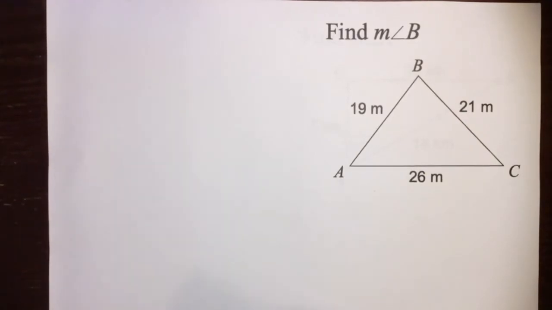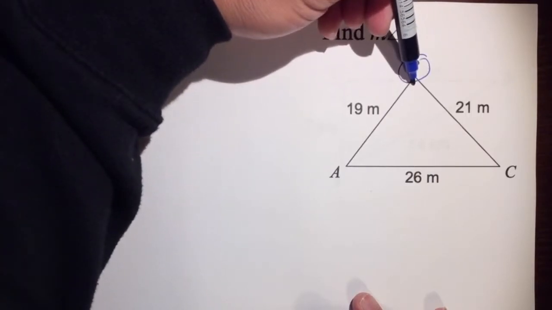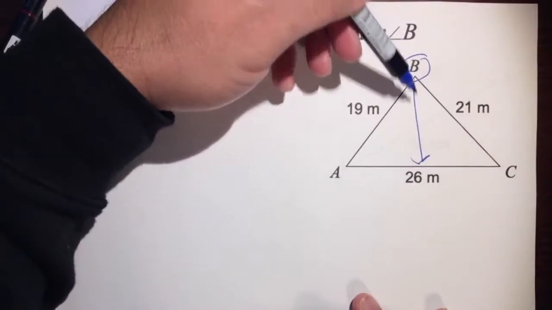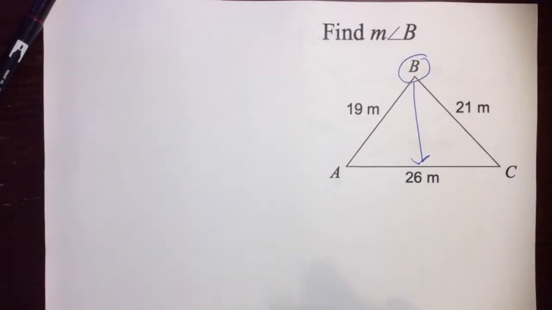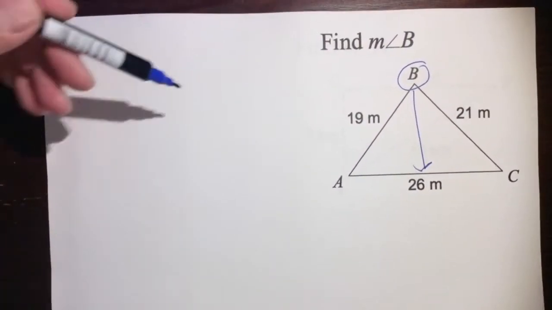Find the measure of angle B. So here's angle B, and this is the side that's opposite to it. So these two are going to be the ends of our law of cosine sandwich.